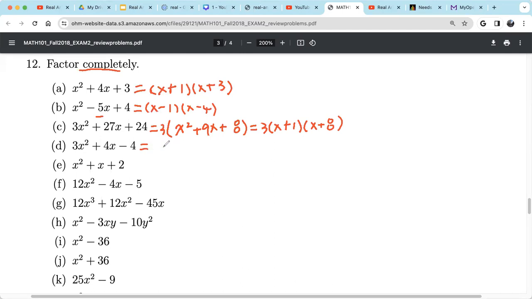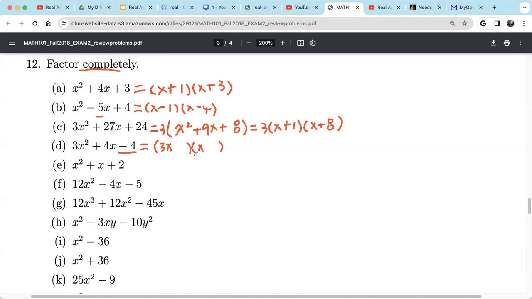Let's see this one. This one, 3x squared only has one way to factor. So 3x and x, right? And because the last term is negative, one is negative, one is positive. And we don't know which one is negative, which one is positive.